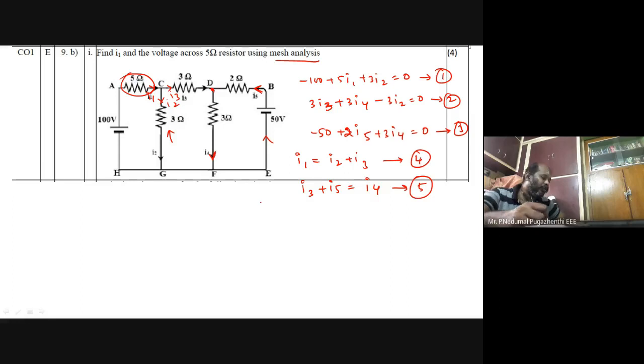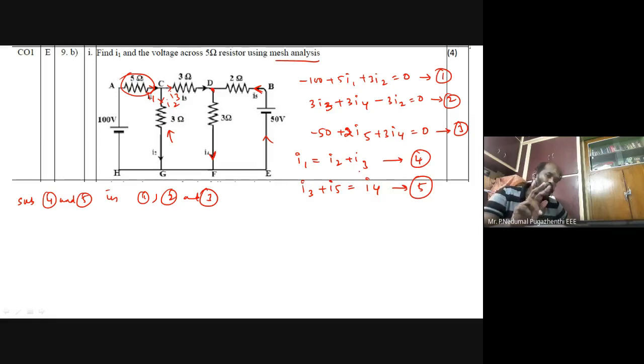If I substitute equations 4 and 5 into 1, 2 and 3, I will get another 3 equations, and if I solve those equations, I will get my values.